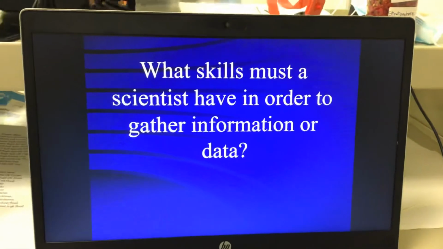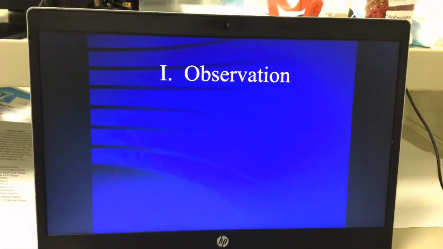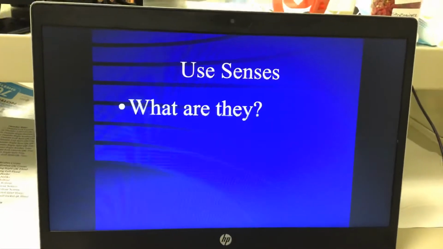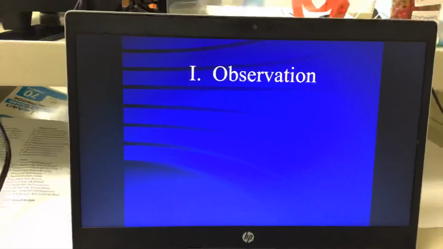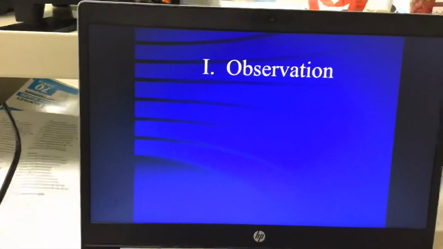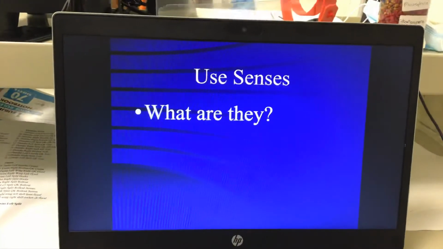What skills must a scientist have in order to gather information or data? They must do a good job of making observations. And they use their senses to do this.